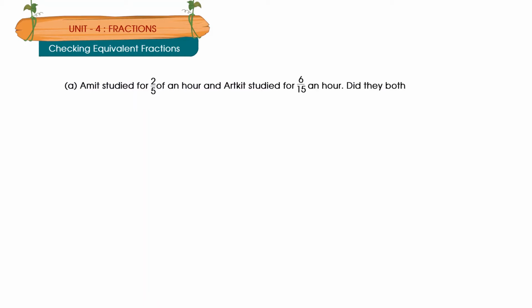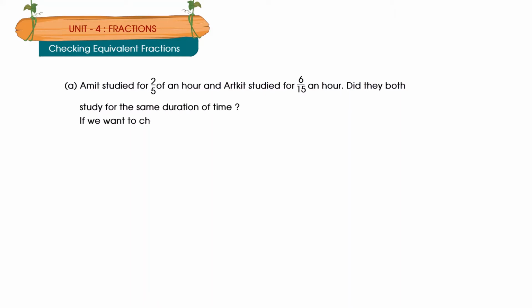Checking equivalent fractions. A. Amit studied for 2 by 5 of an hour and Ankit studied for 6 by 15 of an hour. Did they both study for the same duration of time?